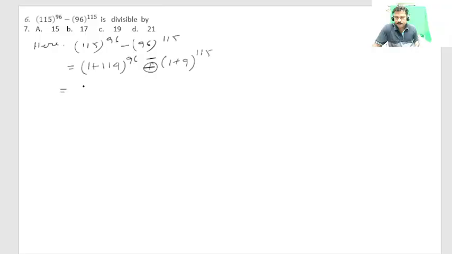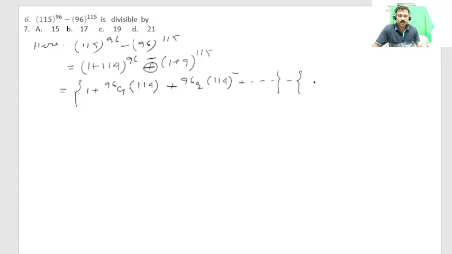Okay, now we expand this, that is 1 plus 96 c1 into 114 plus 96 c2 into 114 whole square and so on, minus 1 plus 115 c1 95 plus 115 c2 95 whole square and so on.